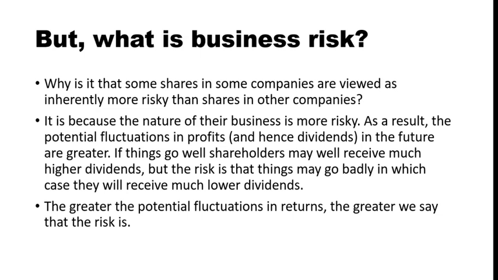If things go well, shareholders may well receive much higher dividends, but the risk is that things may go badly, in which case they will receive much lower dividends. The greater the potential fluctuations in returns, the greater we say that the risk is.